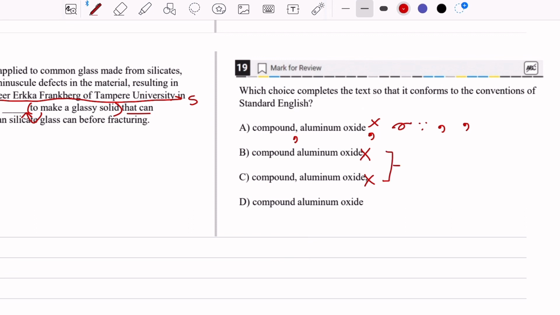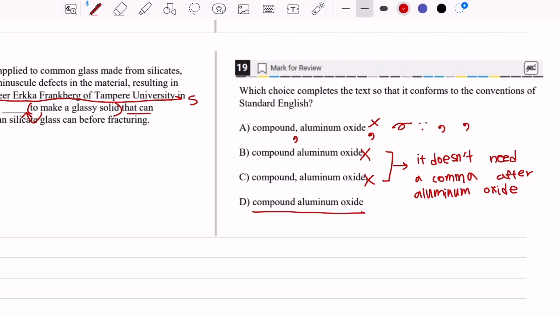These are not the answer because it doesn't need a comma after aluminum oxide. And D is the answer.